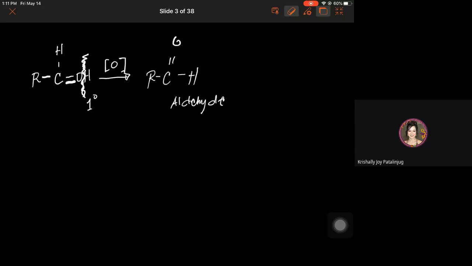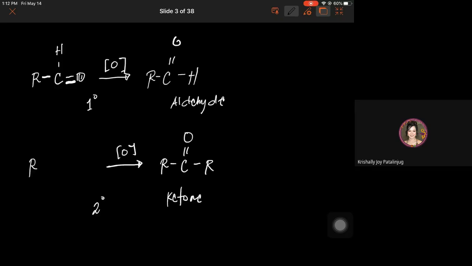Kaya, tingnan yung structure, di ba? That is RCHO, that is aldehyde. So na-mention ko yung aldehyde as initial product ng oxidation of primary alcohol. Na-mention ko din yung ketone, sa reaction ng alcohol, wherein this is the final major product ng oxidation of secondary alcohol. So, draw ko yung secondary alcohol.